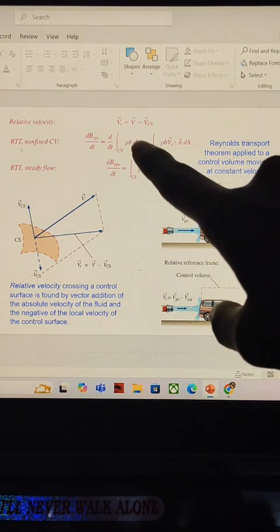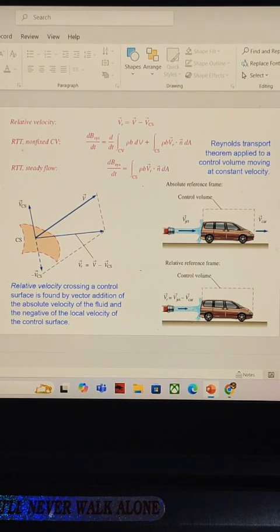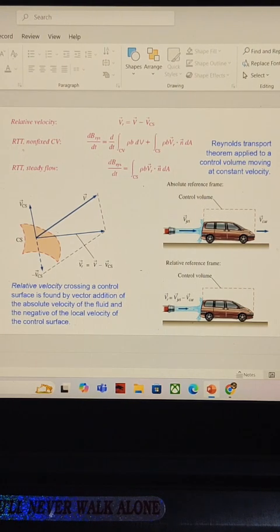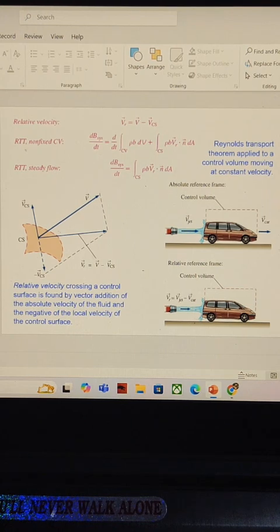The top equation describes RTT for non-fixed control volumes and for steady flow. For steady flow, the change in the system property dB system over dt simplifies to the flux across the control surface, given by the integral over CS of rho b V R dot n dA.